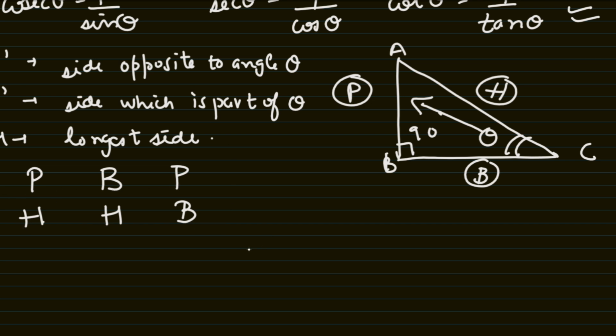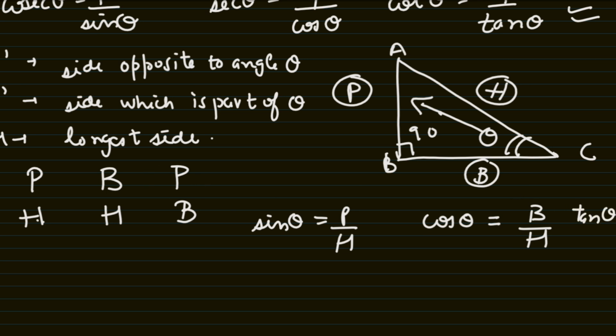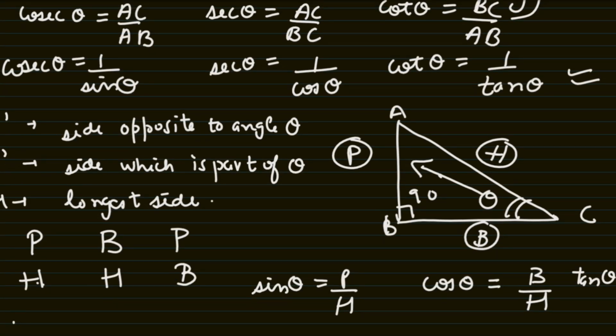Now, if you want to write the value of sine theta, this is P upon H. Cos theta will be B upon H. And tan theta will be P upon B. You also know that cosecant theta is 1 upon sine theta, secant theta is 1 upon cos theta, cot theta is 1 upon tan theta.